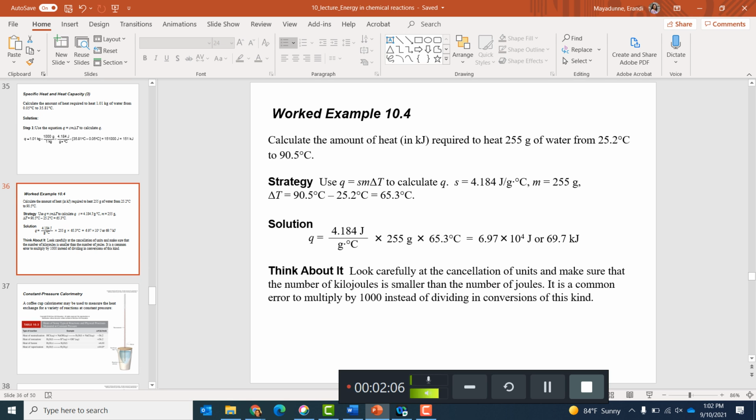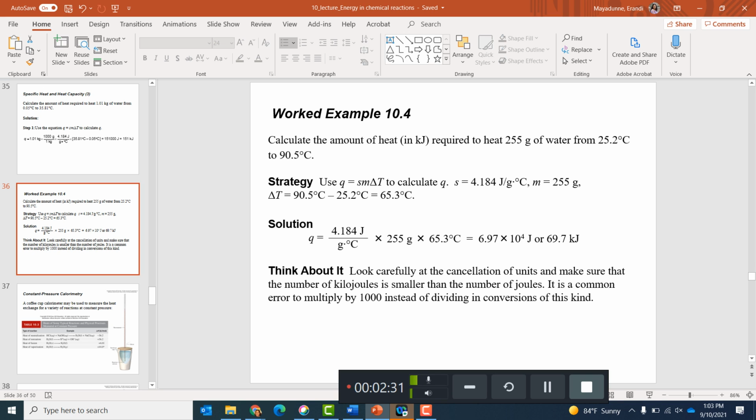I have another question. Calculate the amount of heat in kilojoules required to heat 225 grams of water from 25.2 to 90.5. So Q equals m s delta T. m is mass, and s is specific heat capacity, given here as 4.184.